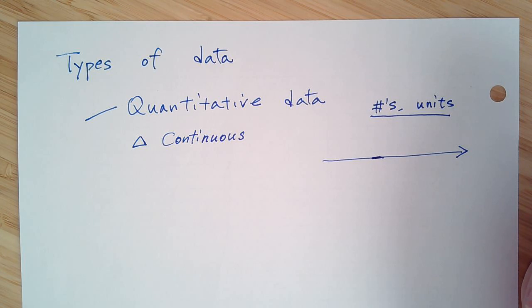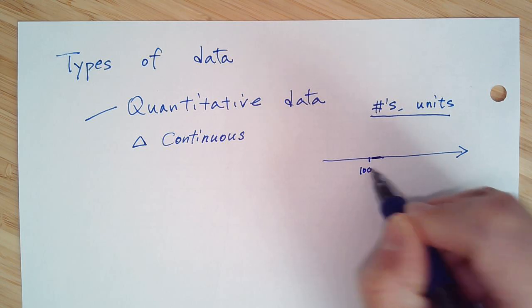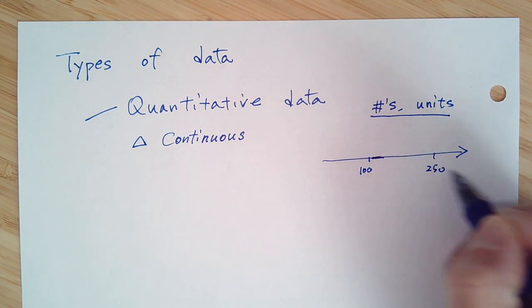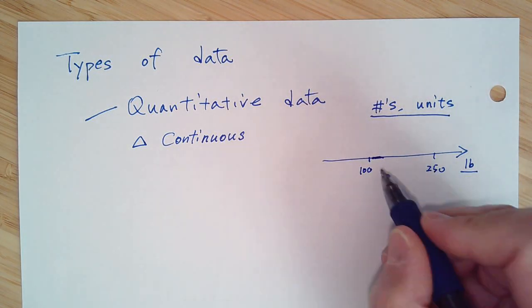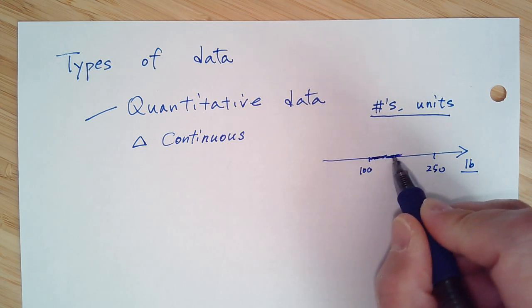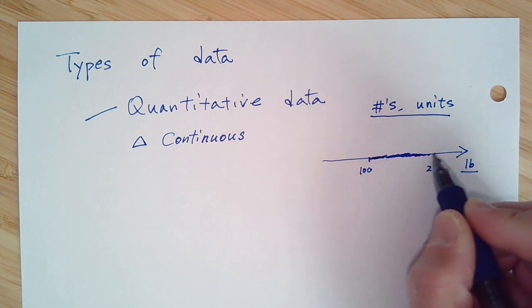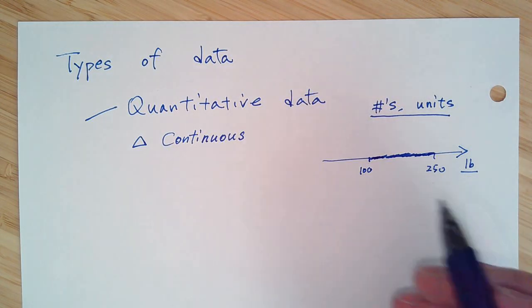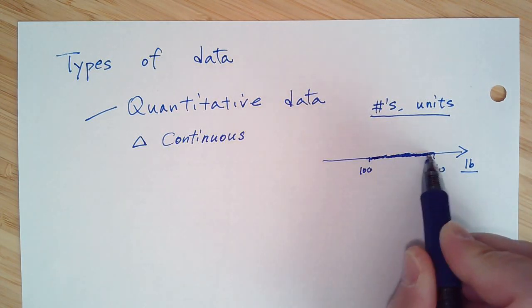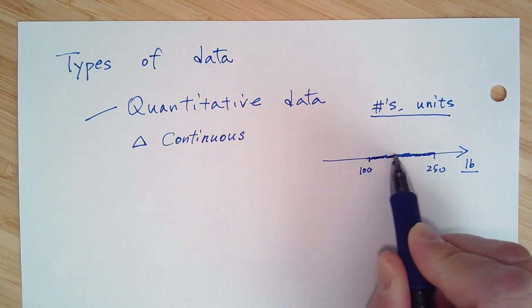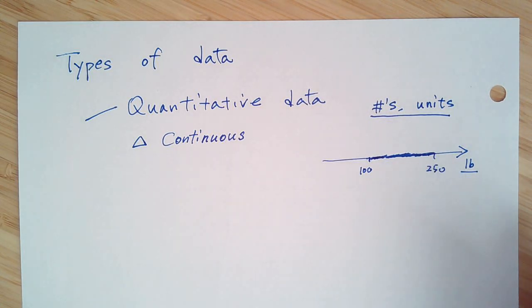Let's say the lightest person in your sample is like 100 pounds, and the heaviest one like 250. So anywhere between 100 and 250 is possible. Okay, so all the possible values are kind of spread out in this whole interval, and it becomes a continuous segment. So that is continuous data.